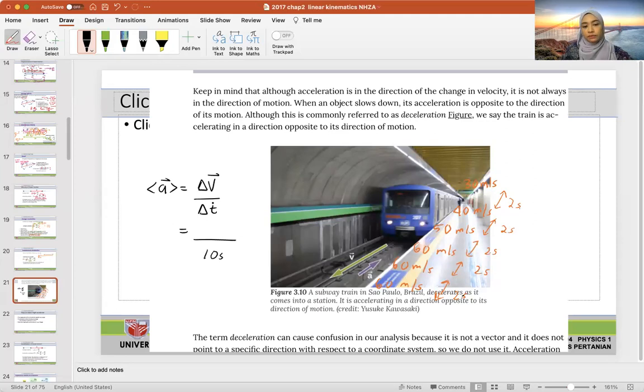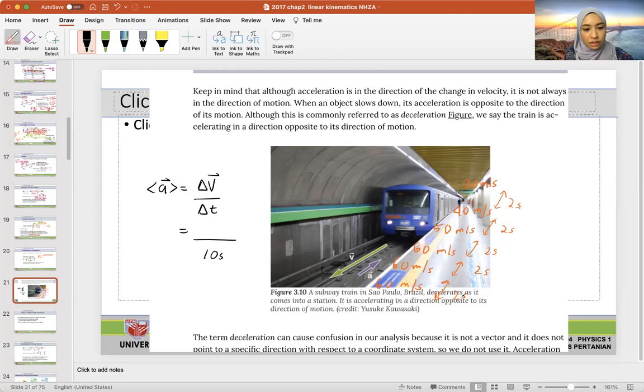And how do I find my delta V here? 300. Why? From 30 until 60, so add everything together to get 300. Yes, okay. Thank you for giving me that answer.